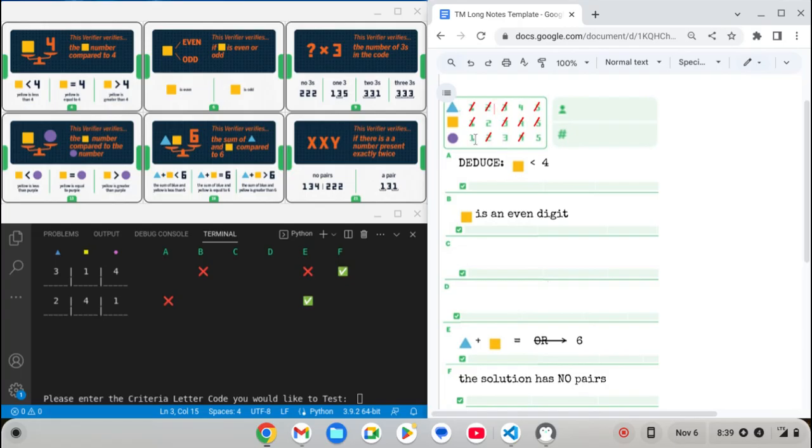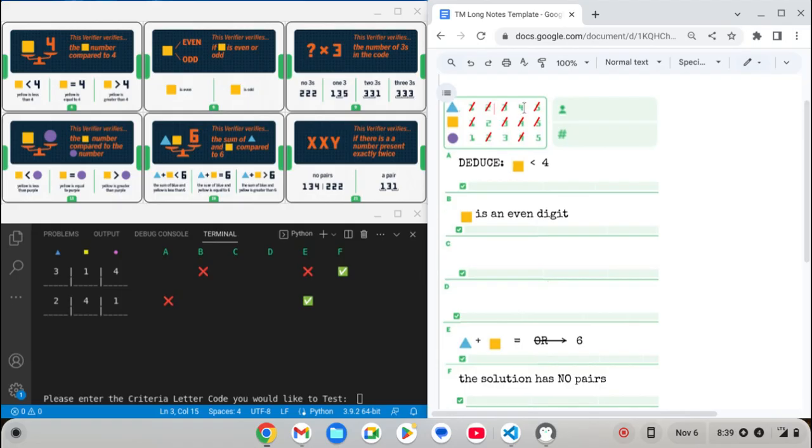So I believe I'm going to deduce that square is actually smaller than circle, bypassing the 1. And so let me type that up. But this is kind of a bold decision on my part.